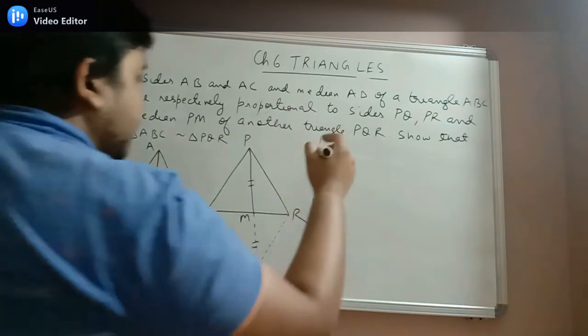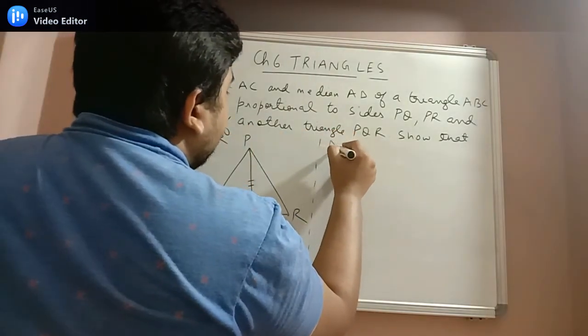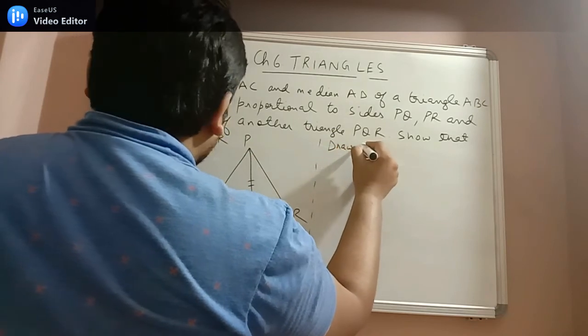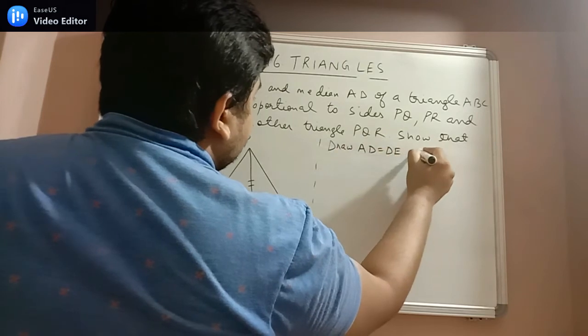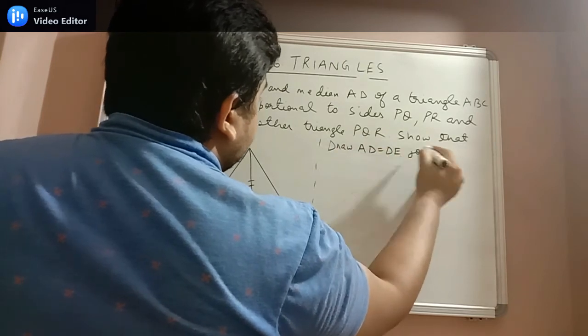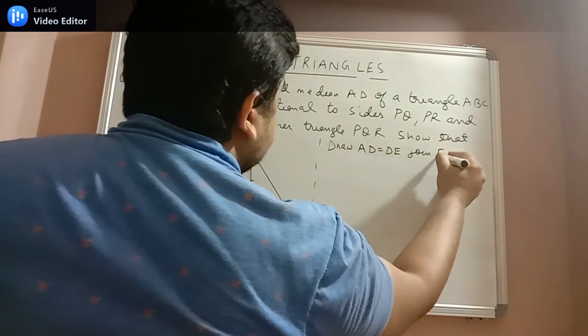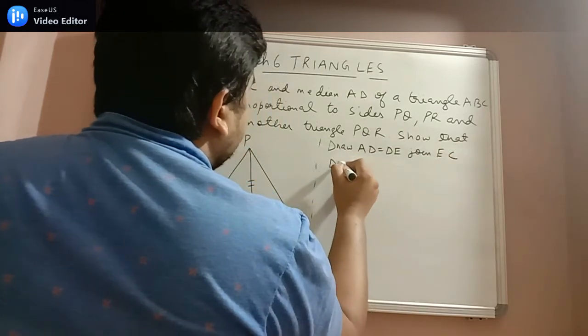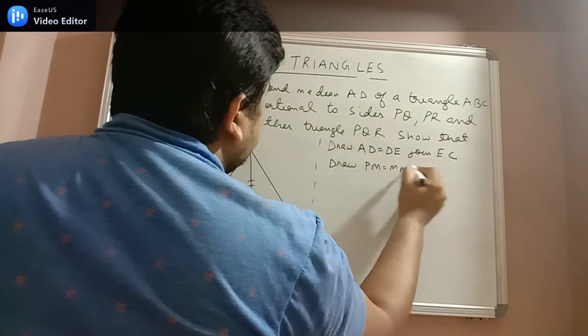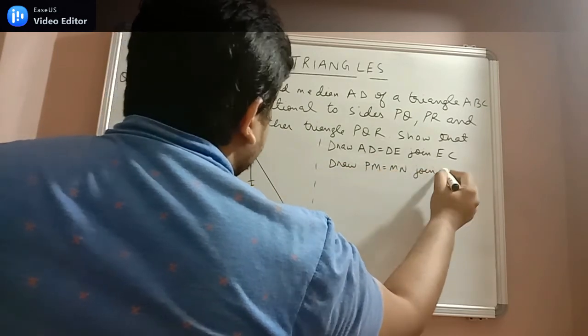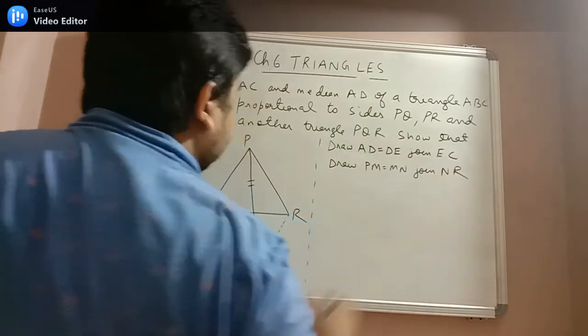So let's write down: draw AD equal to DE, join EC, and draw PM equal to MN and join NR.